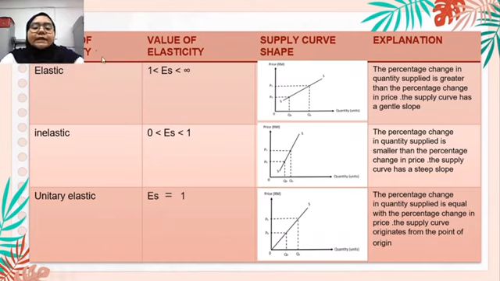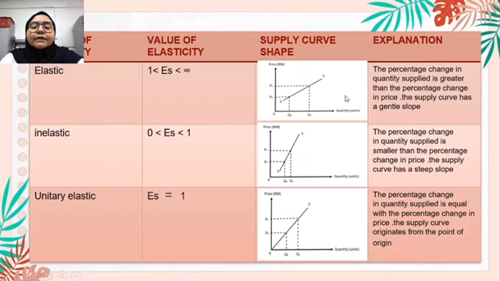The first, elastic. The value of elasticity of supply is greater than 1 and smaller than infinity. The explanation: the percentage change in quantity supplied is greater than the percentage change in price. The supply curve has a gentle slope, as you can see here.